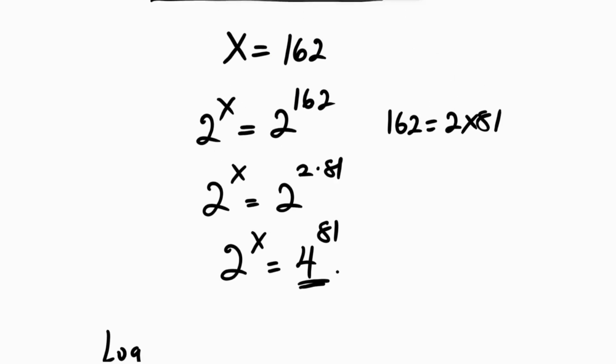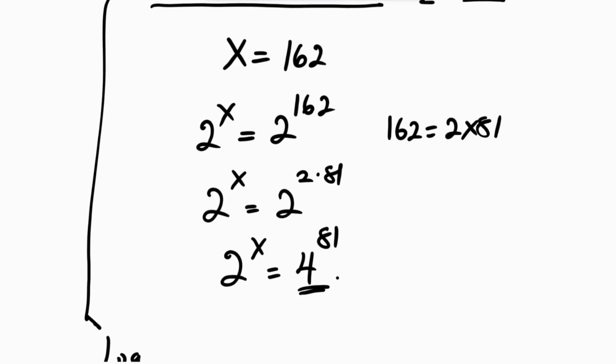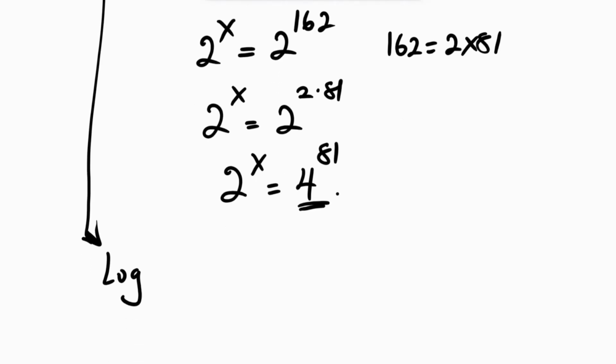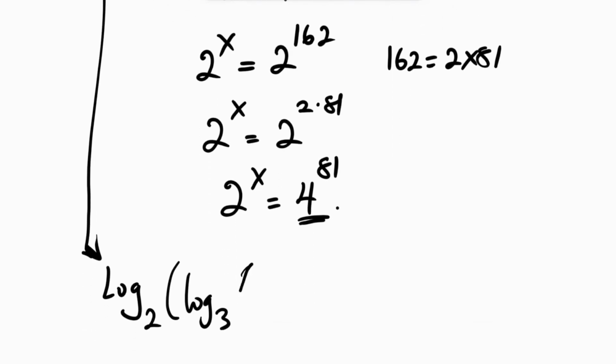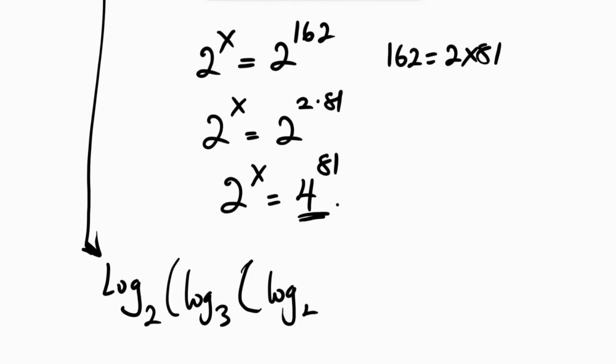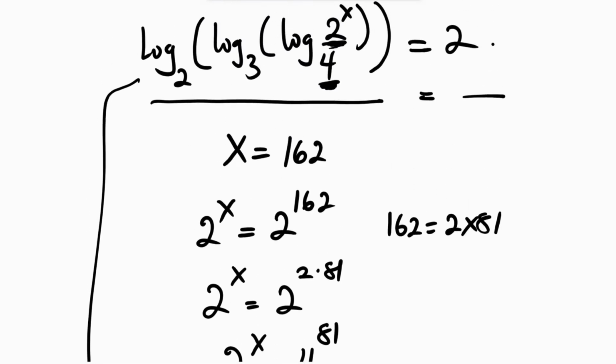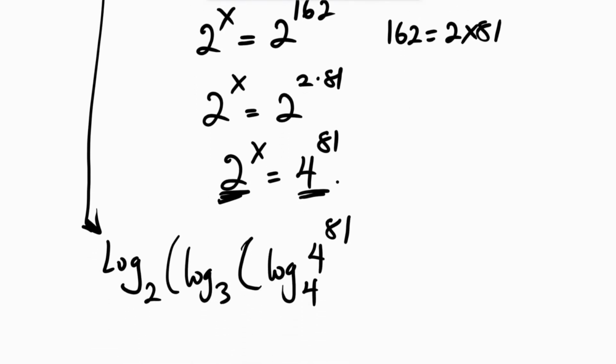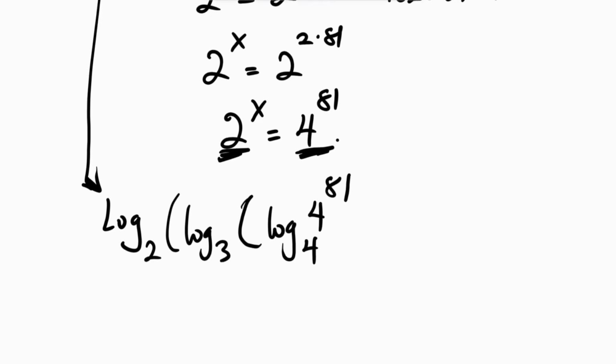So now this whole thing becomes log base 2, log base 3, log base 4, 4 raised to the power 81, because we have 2 raised to the power x here, and we're saying our 2 raised to the power x is equal to 4 raised to the power 81.